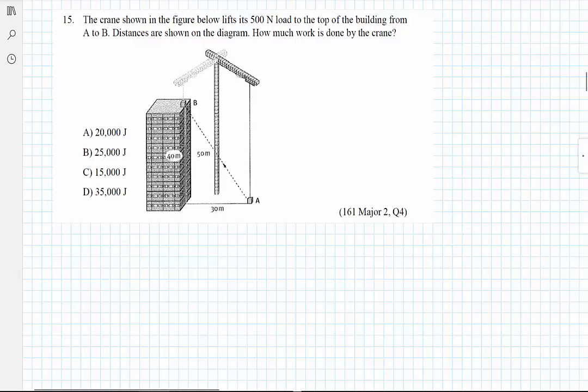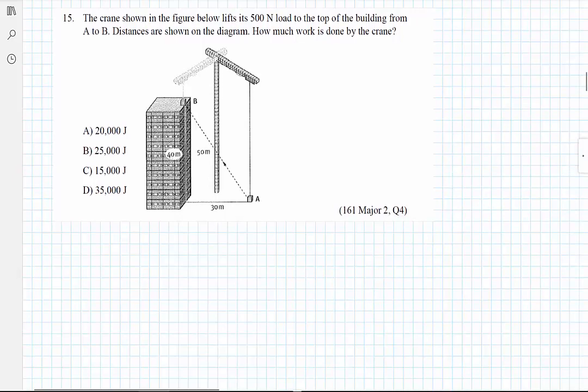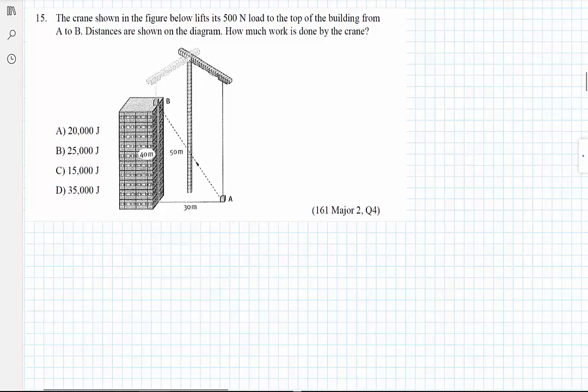The crane shown in the figure below lifts a 500 Newton load, the load at A, at the point in the drawing here, to lift a 500 Newton load. So this is the weight of the load. The weight is mg, not m. This is mg. It's 500 Newton.